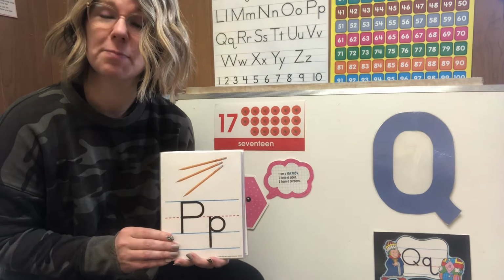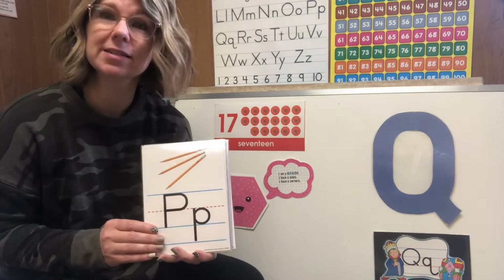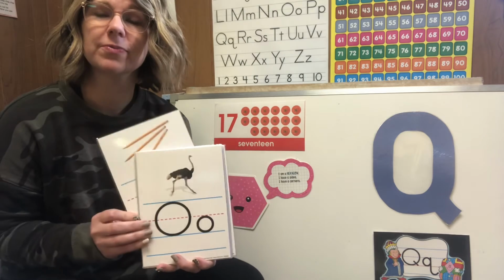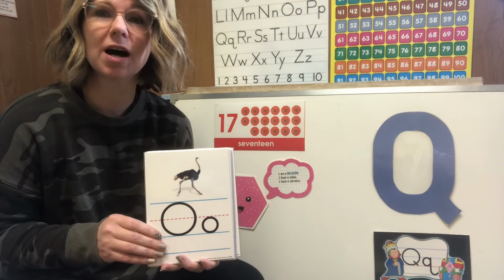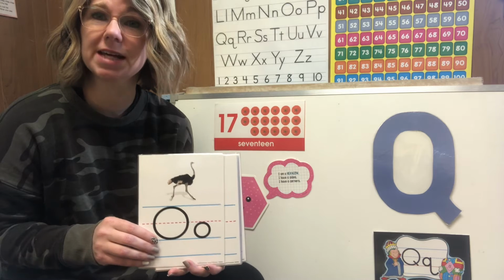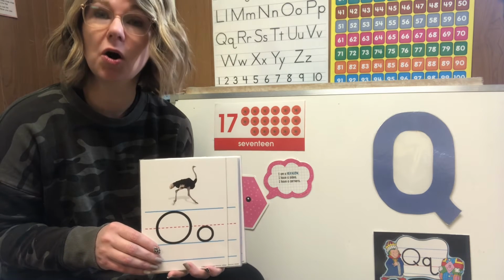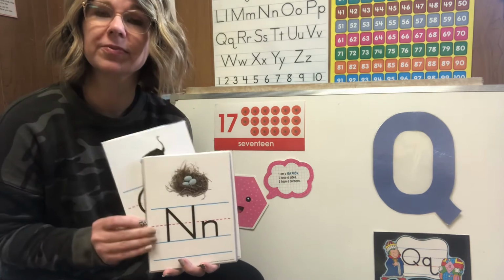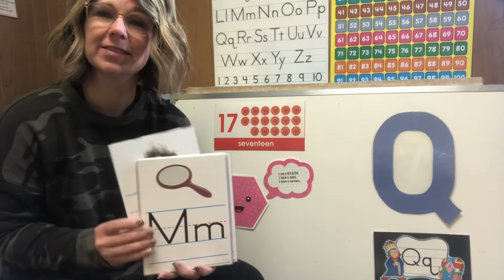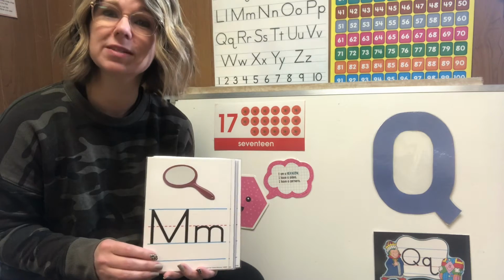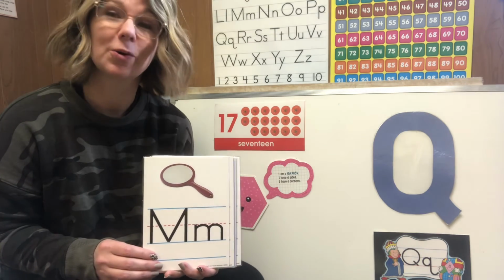Remember this one? P. P says pa for pencil. O has two sounds. O says ah for ostrich, or he can say his own name. He can say O for oatmeal. N. N says na for nest. M. M says ma for mirror or mom.